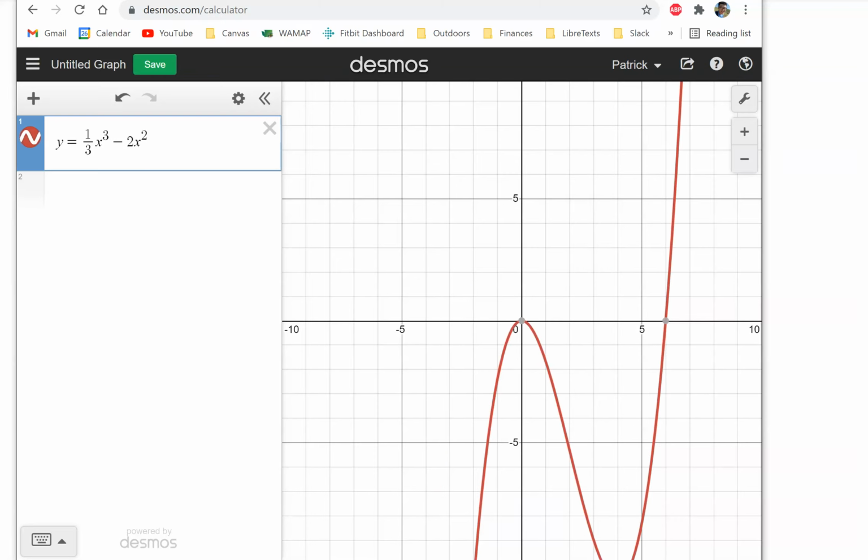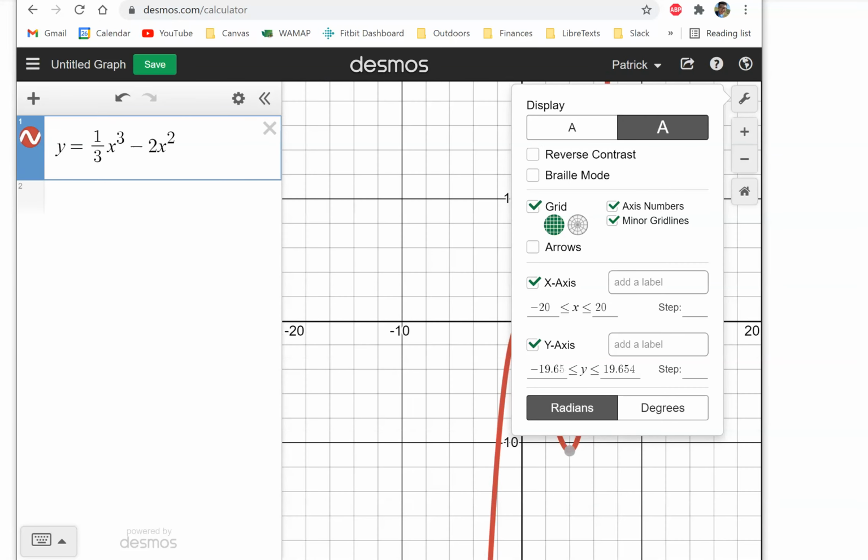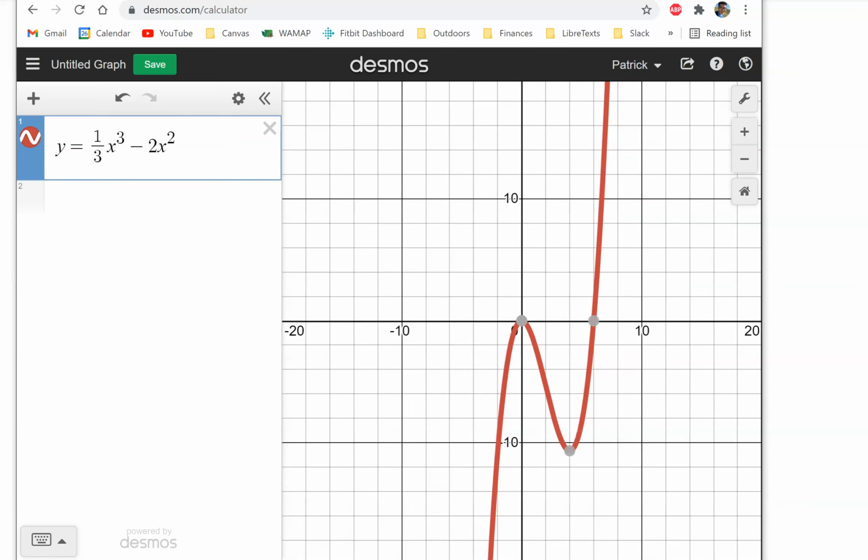Okay, so if we take a look at this function, everything before the x value 0, the function is increasing, and then the function is decreasing on the interval 0 to 4, and then everything is increasing again after 4.